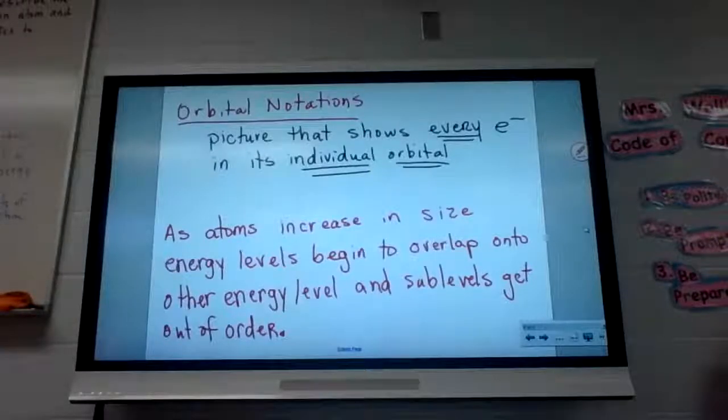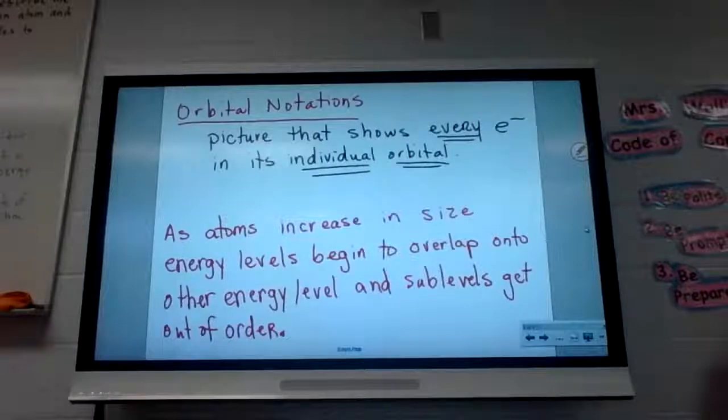The 4th energy level has how many sublevels? What are their names? Those 4D and 4F sublevels begin to overlap on top of the 5th and even the 6th energy level.